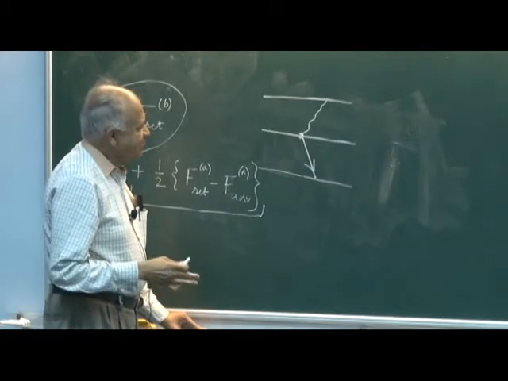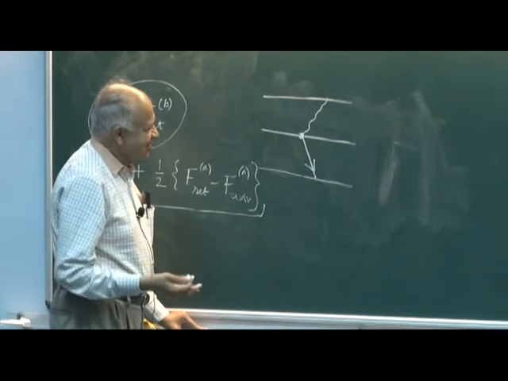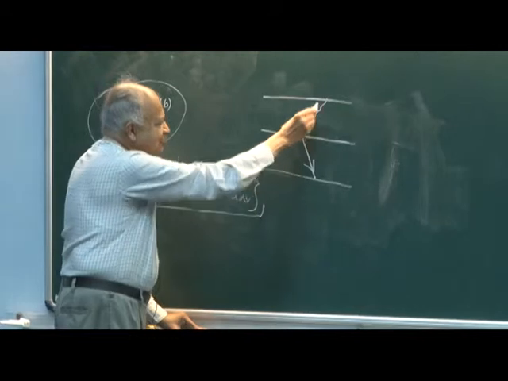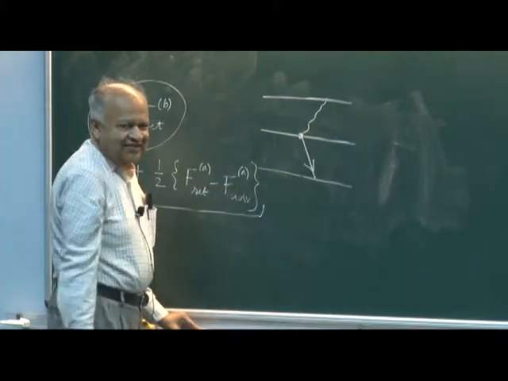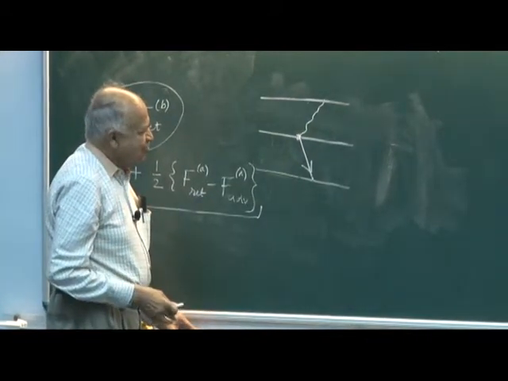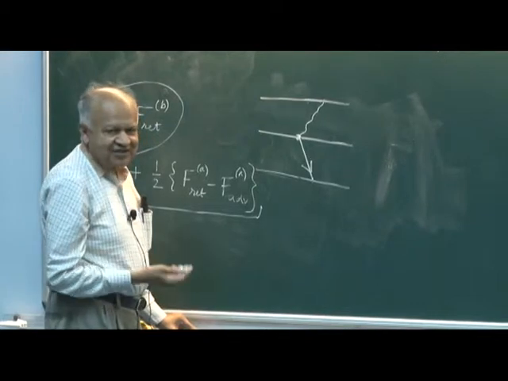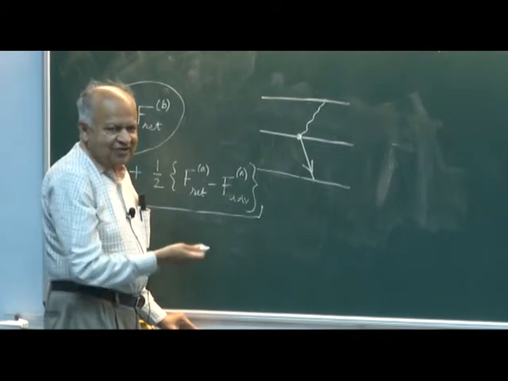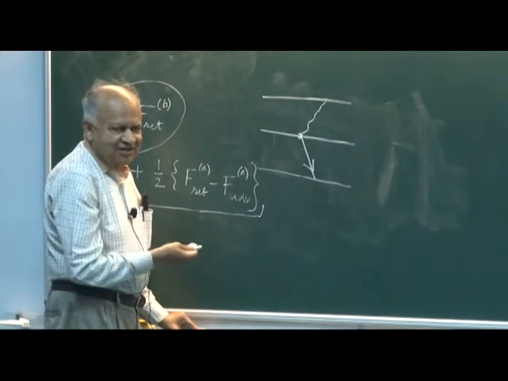There is no harm in allowing it the full freedom either to stay here, to go up or go down, and say that we will determine the probabilities for each process depending on what physics is available to us.